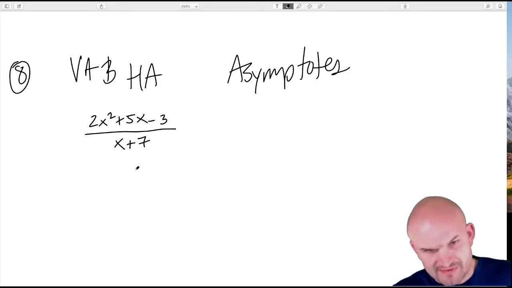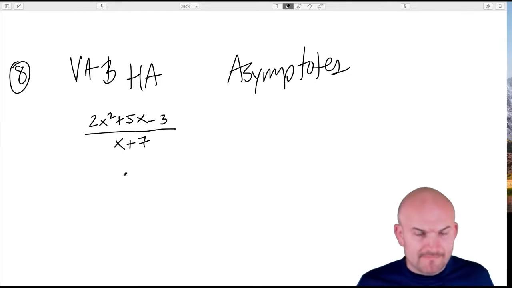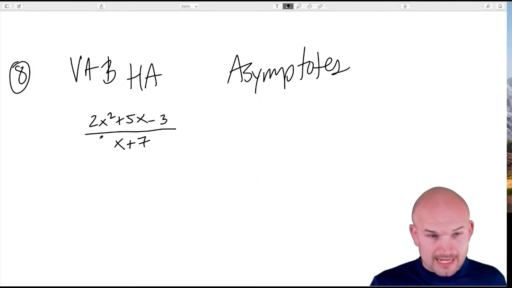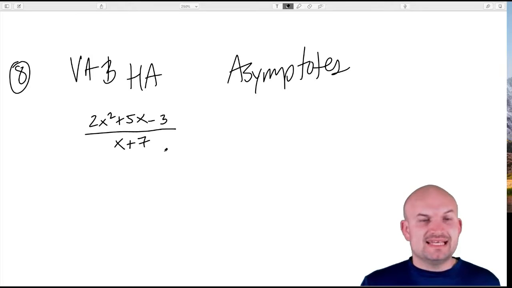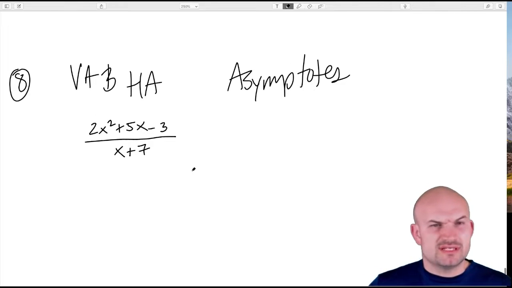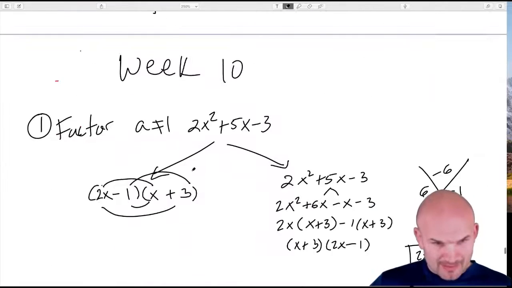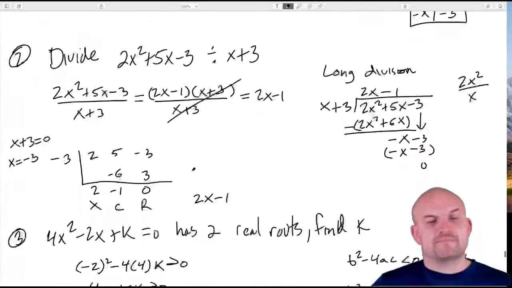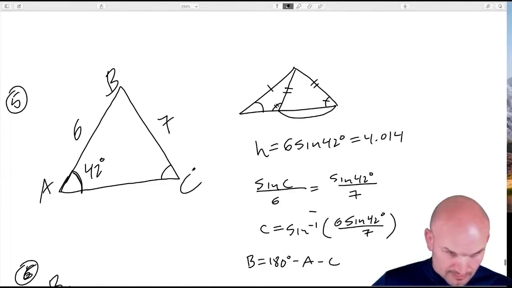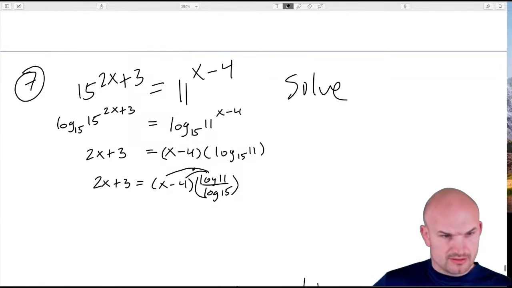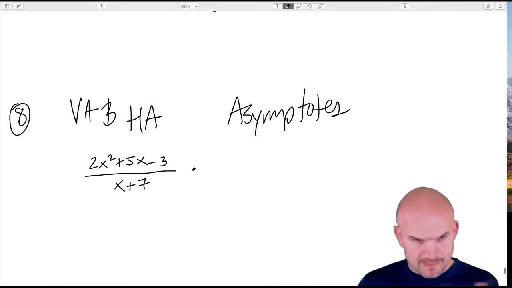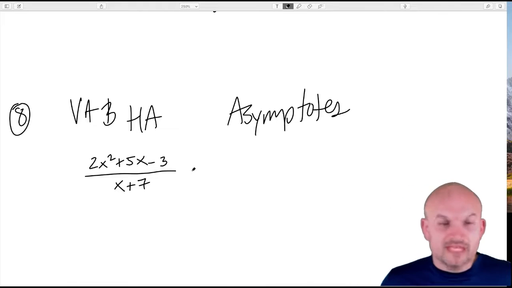There we go, plus 7. Okay, so in this case, to find the, what was it? Hold on a second. I just forgot, my brain hurts. x plus 3 to x minus 1. Okay, x plus 3, I'll just do that.